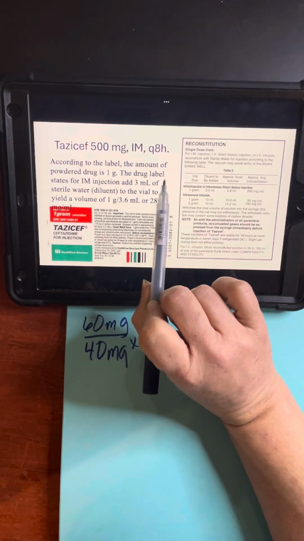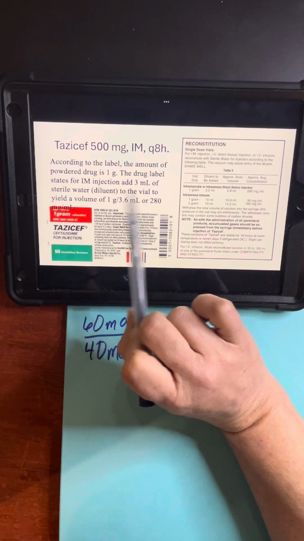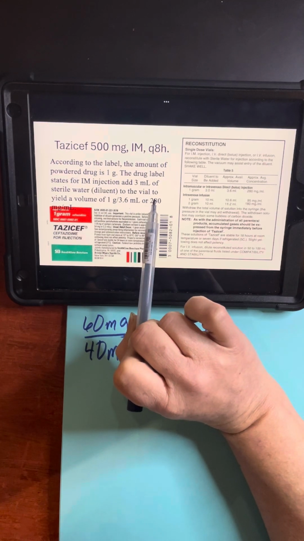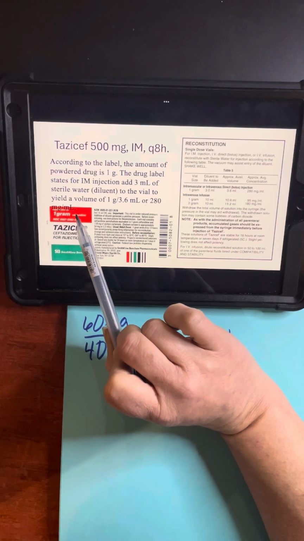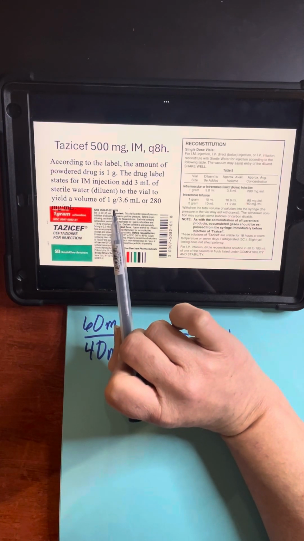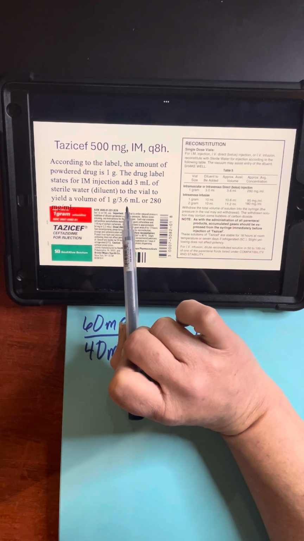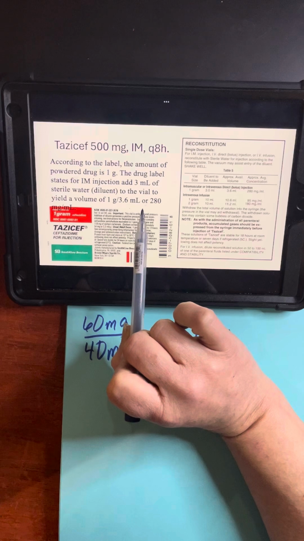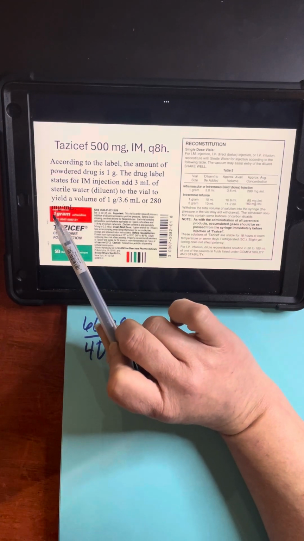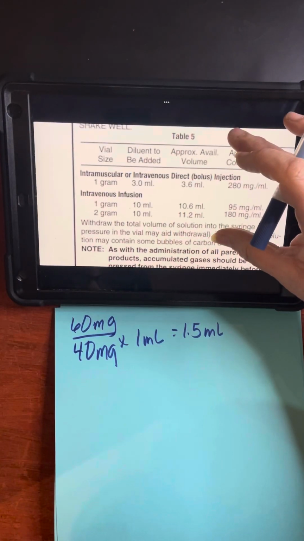And the drug label states for IM injection to add 3 milliliters of sterile water diluent to the vial to yield a volume of 1 gram per 3.6 mLs. Or you see this, 280 milligrams per milliliter.